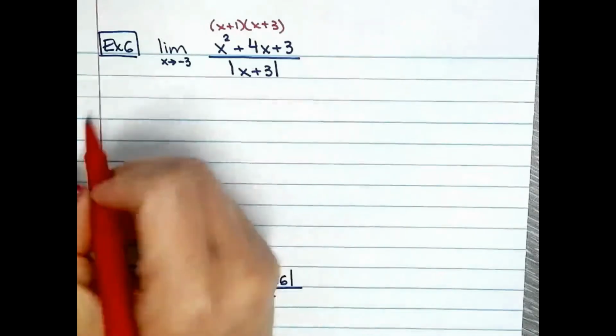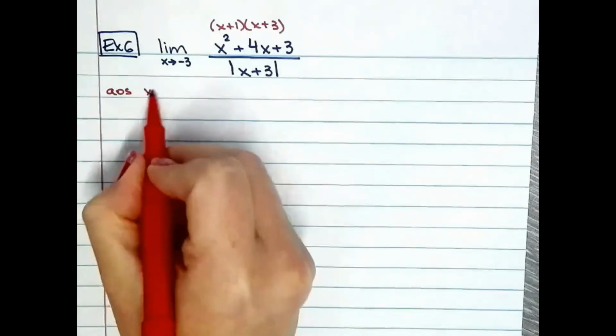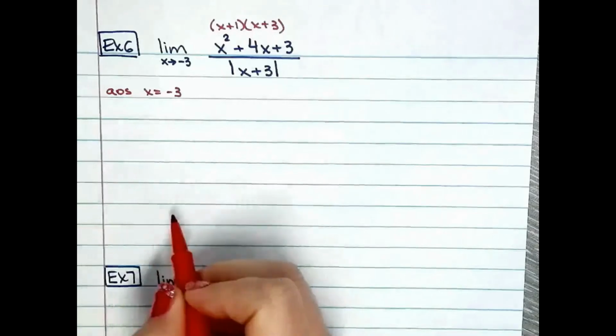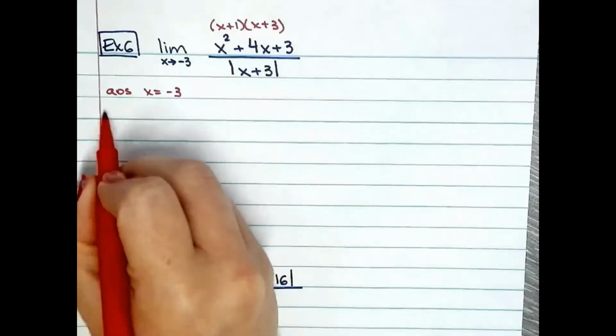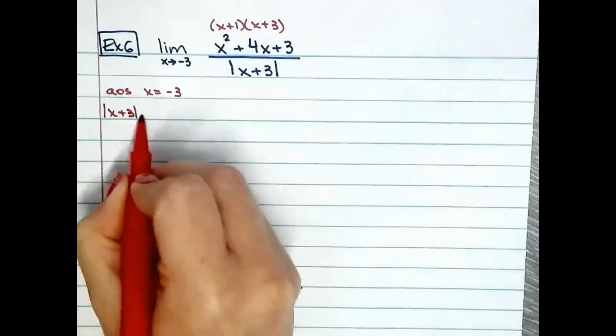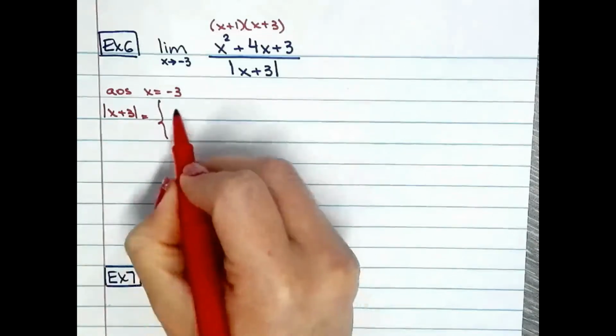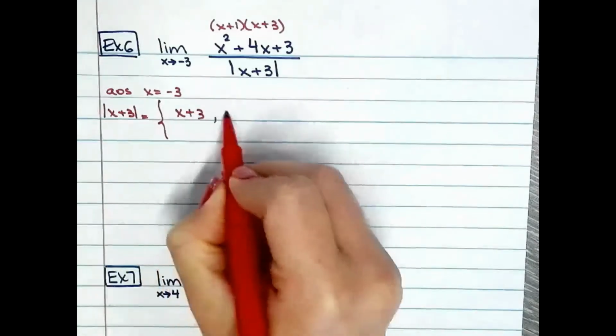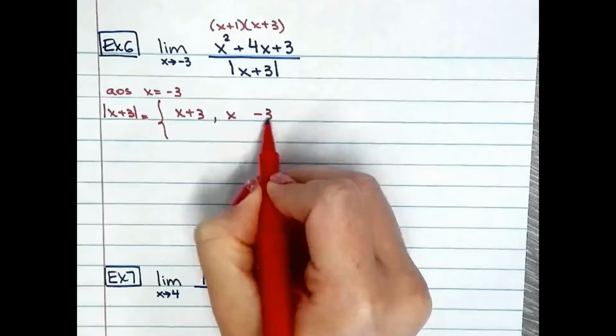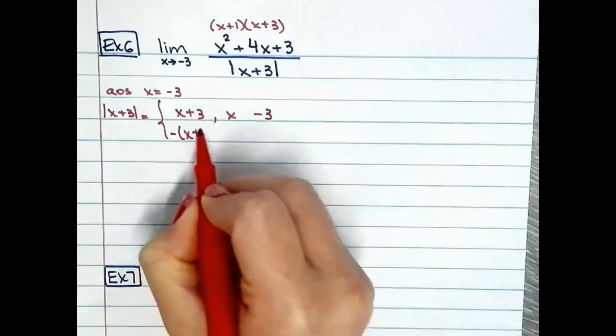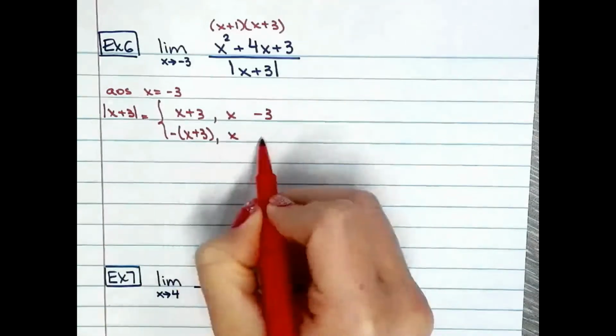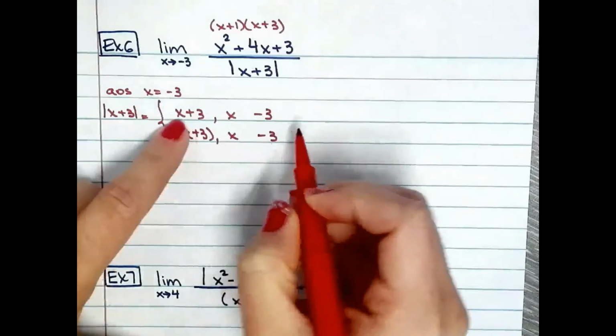So here we go. X is -3. Okay? So set up x plus 3, set up your restrictions right there. So you use x plus 3 when x is greater than -3, and negative x plus 3 when x is less than -3. You already know this.